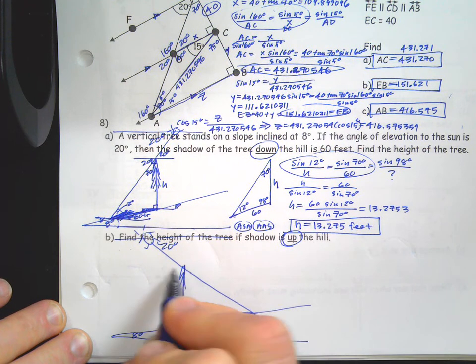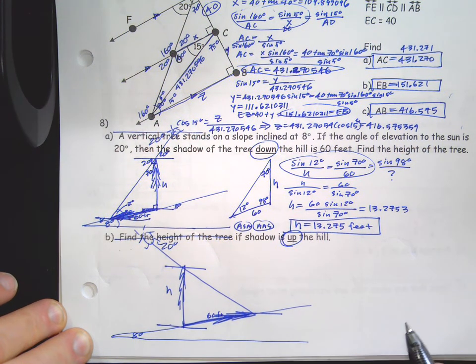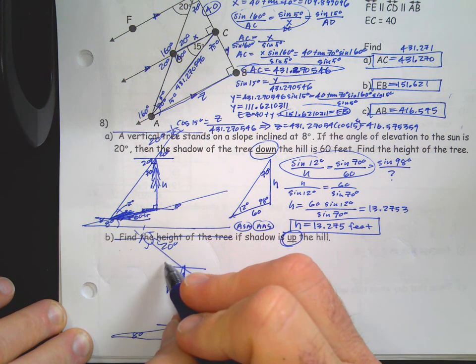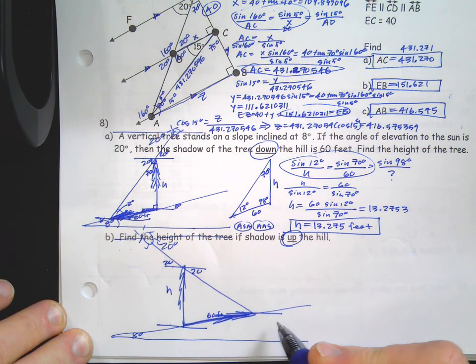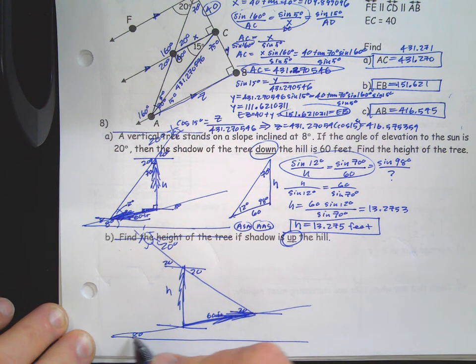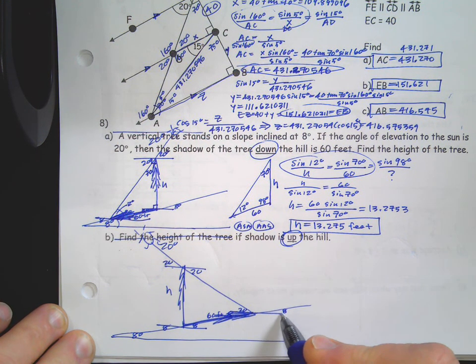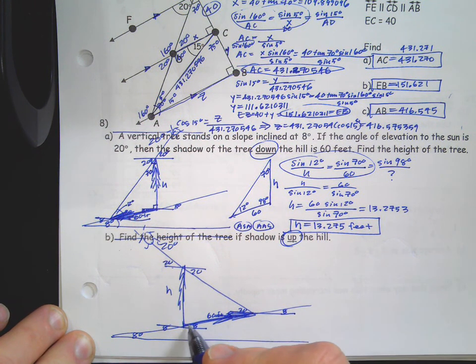So we're going to draw horizontals at each of the corners of the triangle to form all special pairs of angles and parallel lines. So if that's 20, this is 20, this is 20, this is 20 right there. If that's 8, this is 8, this is 8, this is 8, this is 8. Okay, so that forms 90 degrees.